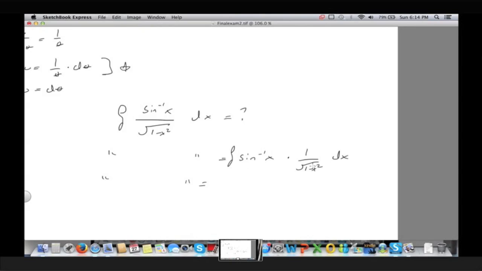So the antiderivative of 1 over square root of 1 minus x squared. That's inverse sine of x.